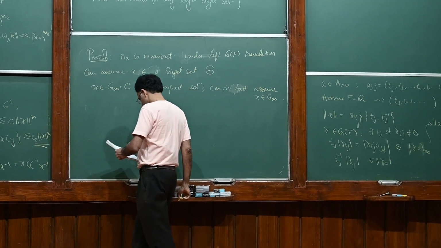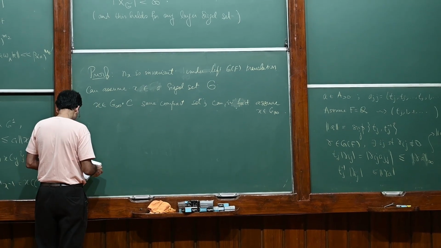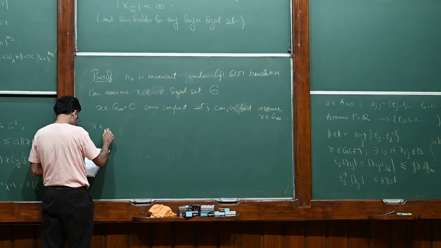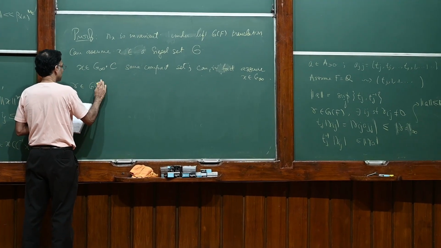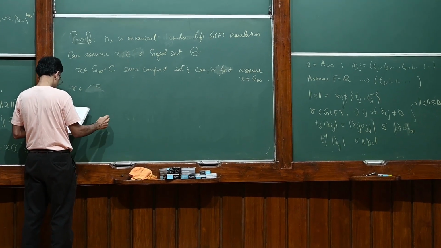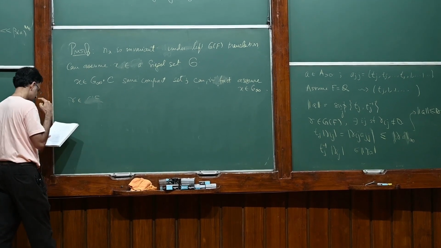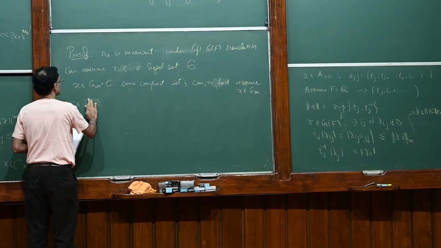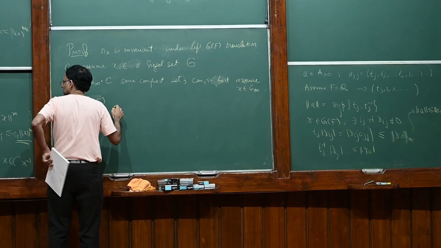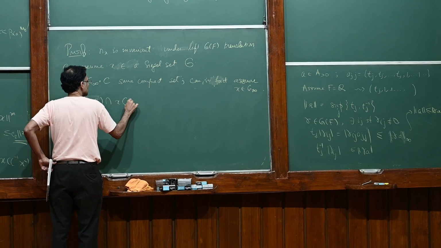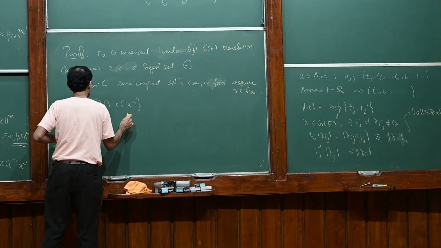Okay? Alright? And now if I have gamma in this set GF, so if I have gamma in GF intersect x C x inverse, right? What can I say?